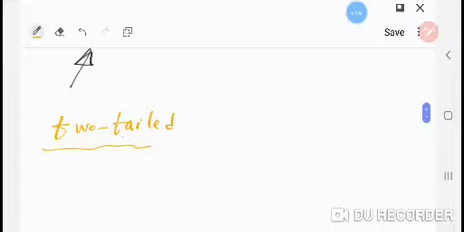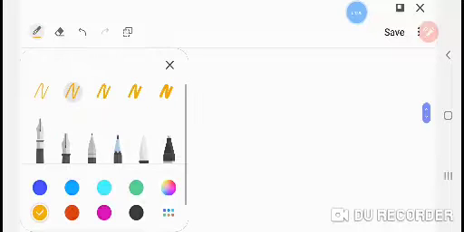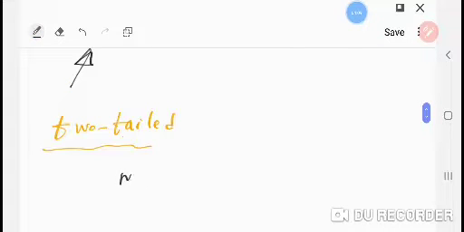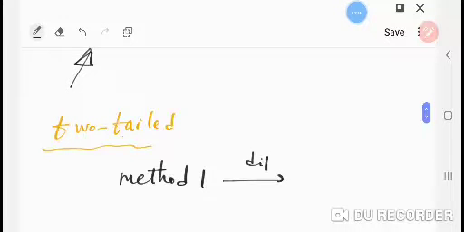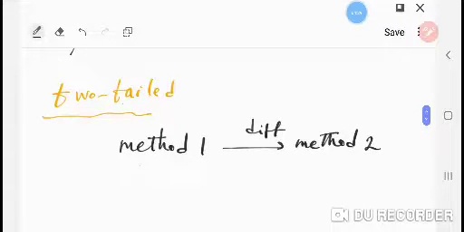This method, for example method 1, is different from method 2. For example, the yield of reaction of method 1 may be less than method 2 or greater than method 2. This is a two-tailed test.